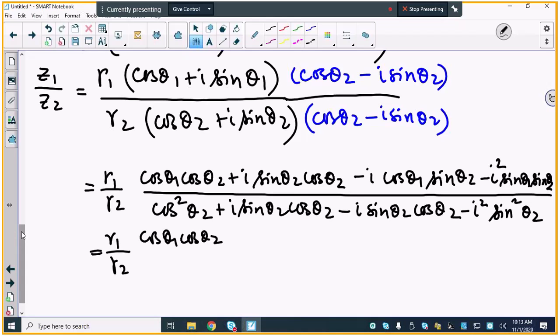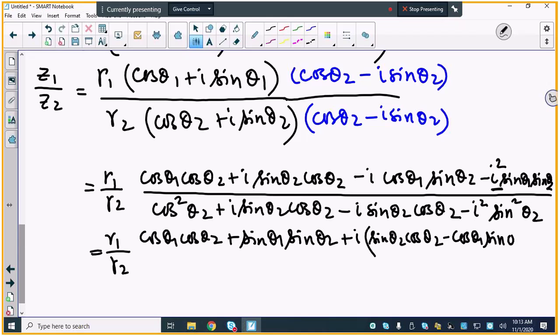I'm going to replace the I squared by negative 1. So negative times negative will be a positive, and I will get sine theta 1 sine theta 2. And then from the rest of the two terms, I factor out the I, and I get sine theta 1 cosine theta 2 minus cosine theta 1 sine theta 2. And both of these on the top are the subtraction formula or the difference formula, first for cosine and then for sine.